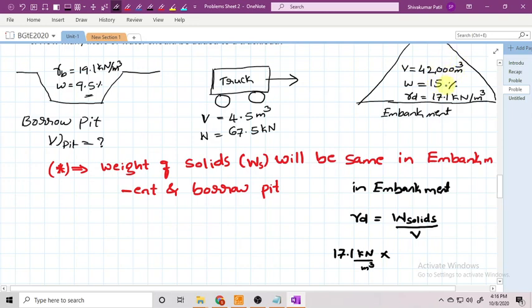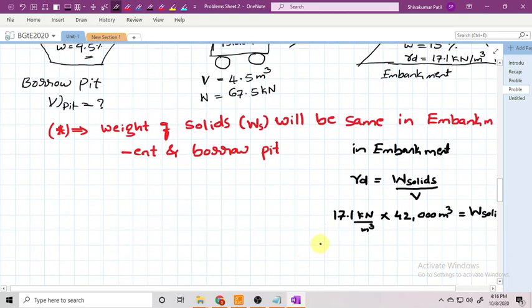Volume is 42,000 cubic meter. That will be my weight of solids.